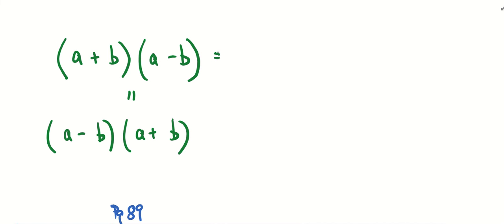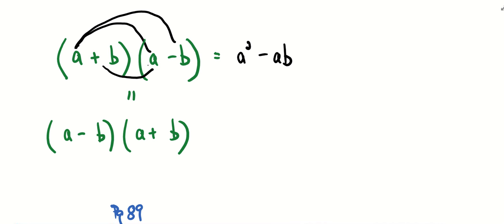However, what do I need to show? I need to show what is this formula I need to use. A times A times negative B. B times A, B times negative B. Okay, what do you notice about the like terms here?